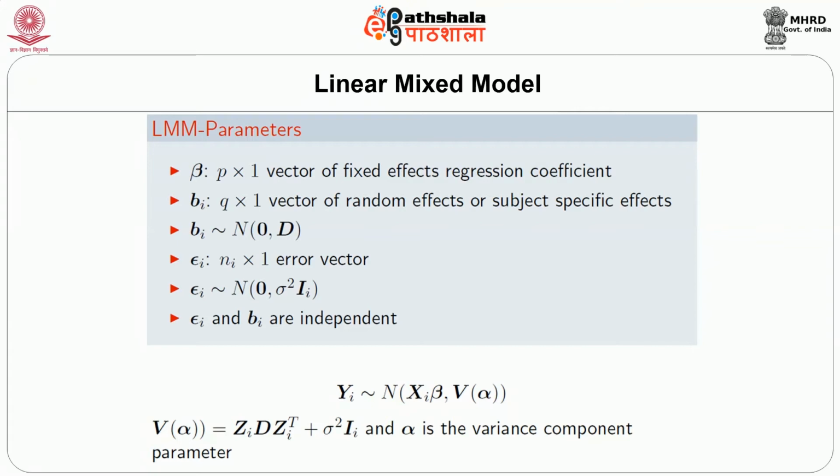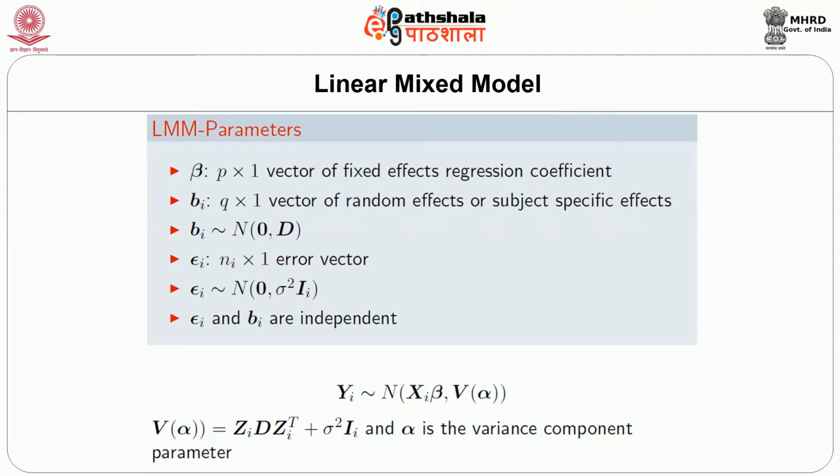The assumption is that bi follows IID normal 0, D, and epsilon i as usual is the error vector with epsilon i following normal 0, sigma. Here I have mentioned it as sigma squared I, but in general it can take any positive definite matrix called sigma. A special case is normal 0, sigma squared I. Now epsilon i and bi are independent.